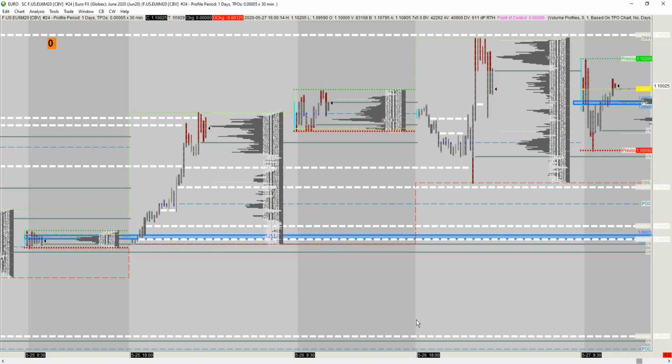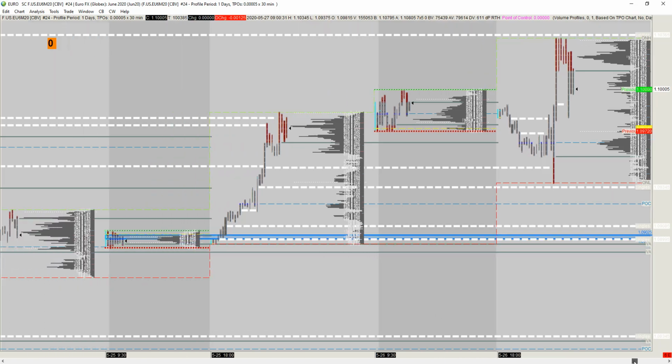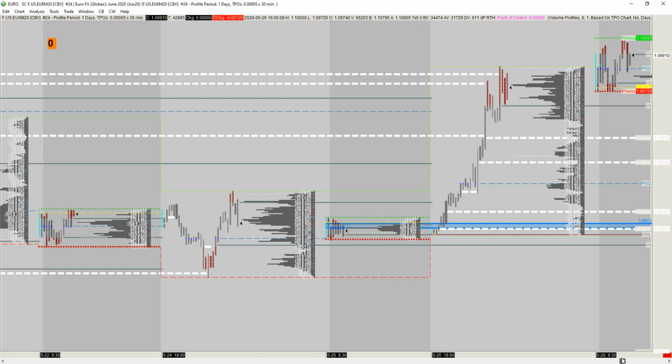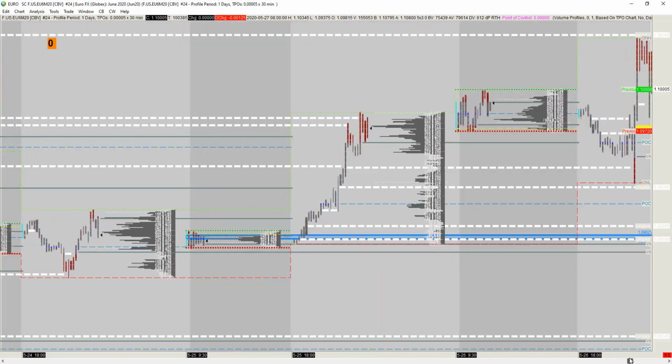But long term edge with technical analysis and indicator based trading is pretty much not going to work anymore. So let's get to our euro here, the market profile with the overnight on the 25th of May.